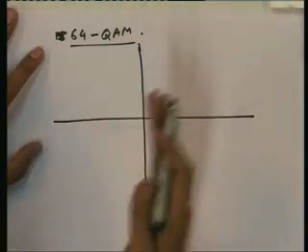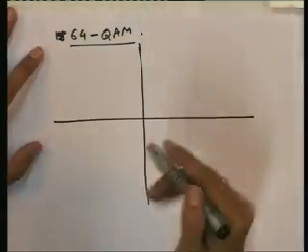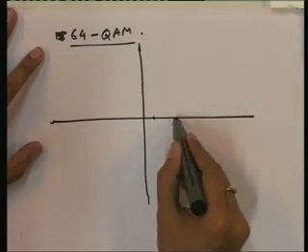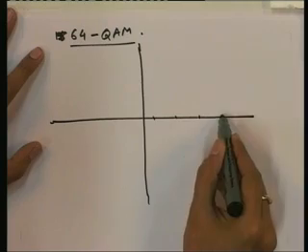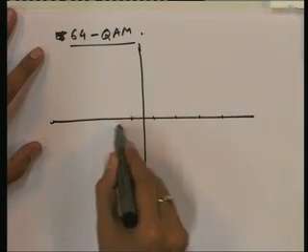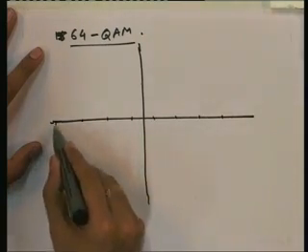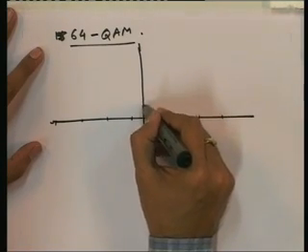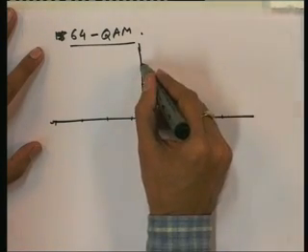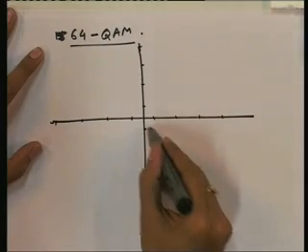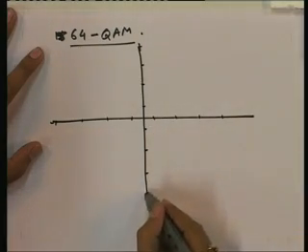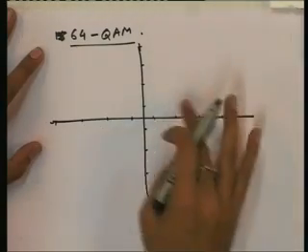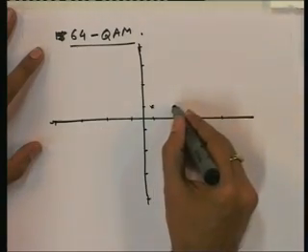So on each dimension there will be 8 levels. On this dimension there will be 8: 1, 2, 3, 4, 1, 2, 3, 4. On this also there will be 8 levels: 1, 2, 3, 4, 1, 2, 3, 4. Then you draw all the points like this.